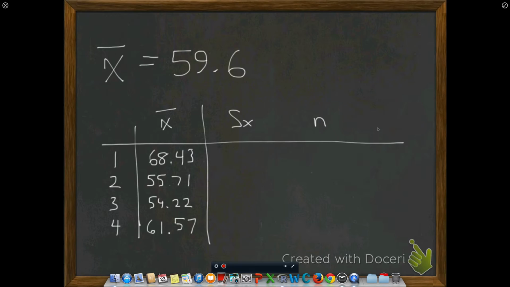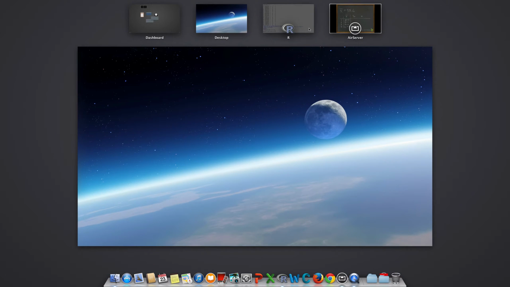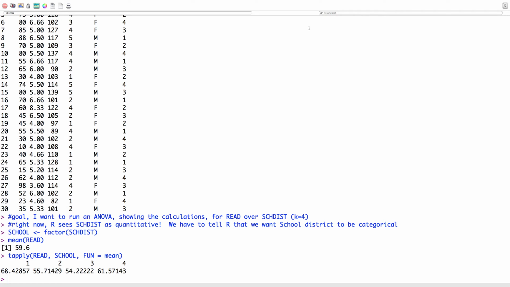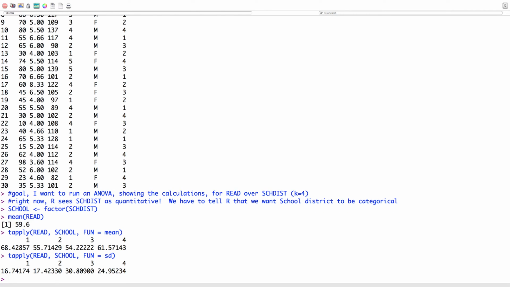Okay, next thing I want to do is go into R and get the standard deviations. So I'm going to run the same thing. And I want to make a note of those.